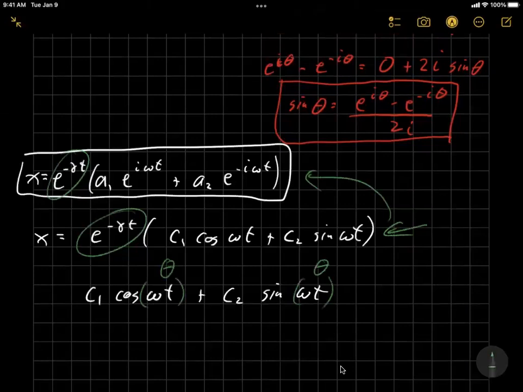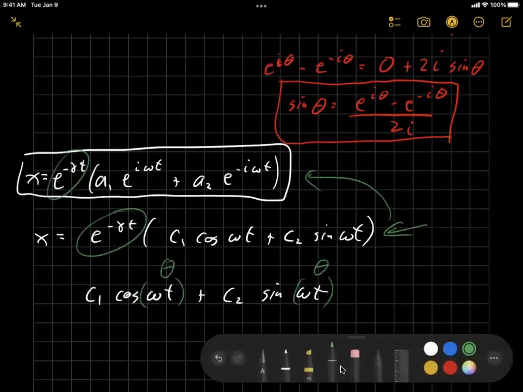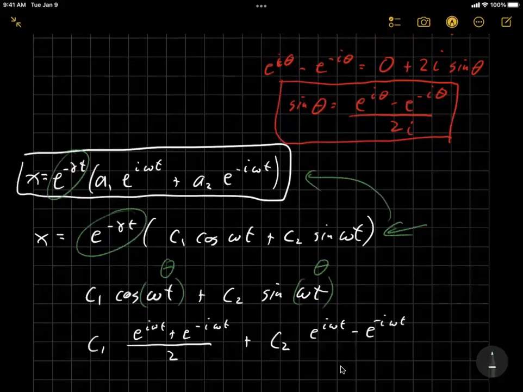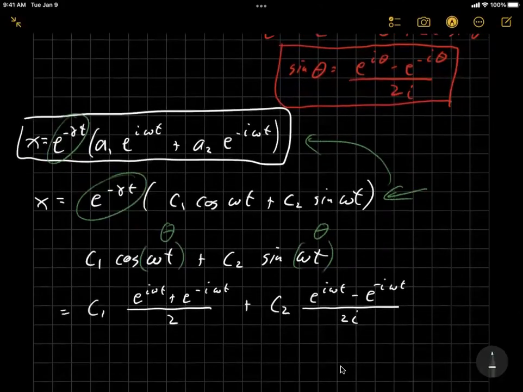So we could rewrite that as C1 times (e to the I omega t plus e to the negative I omega t) all over 2, by subbing in what we just found cosine could be written as, plus C2 times (e to the I omega t minus e to the negative I omega t) all over 2I. Those things will be equal by how we define cosine and sine.